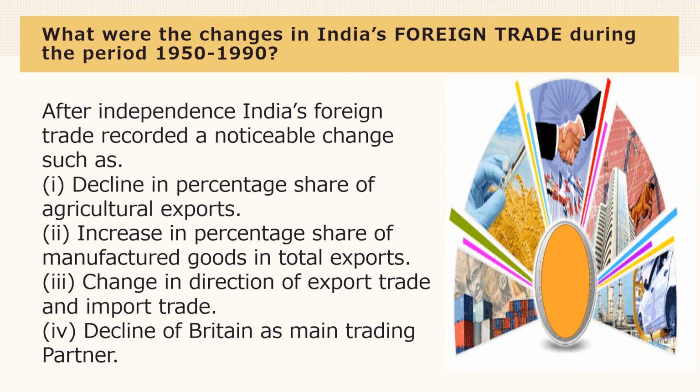After independence, India's foreign trade recorded a noticeable change, such as decline in percentage share of agricultural exports, increase in percentage share of manufactured goods in total exports, change in the direction of export trade and import trade, and decline of Britain as a main trading partner.